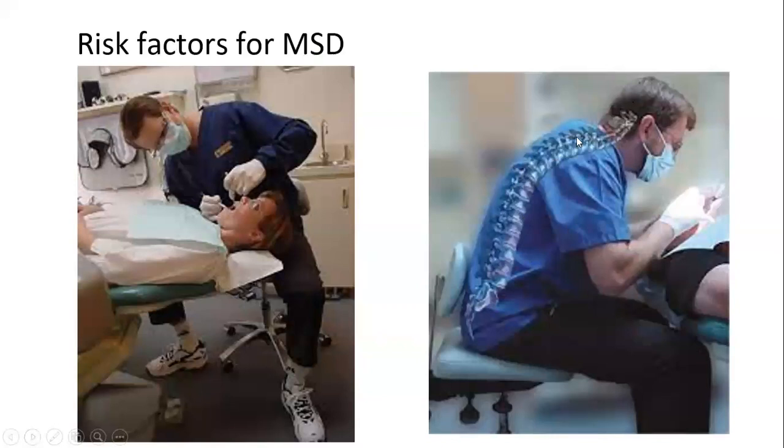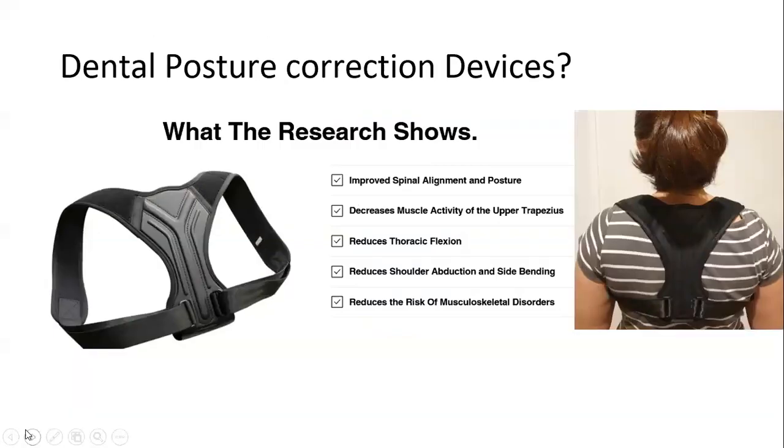Again, it just illustrates how the different positions will affect posture and ultimately become risk factors for the musculoskeletal diseases. There's also a bit of nascent literature, which is still very embryonic, like new stuff.